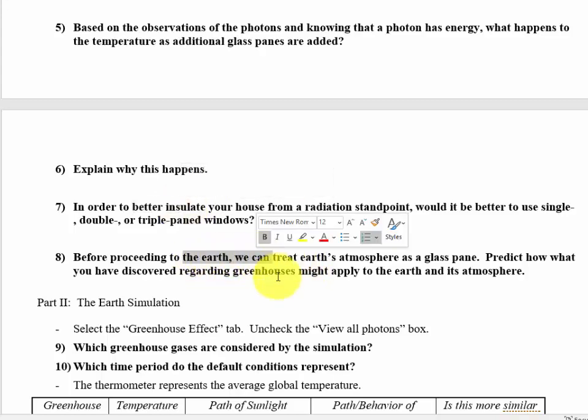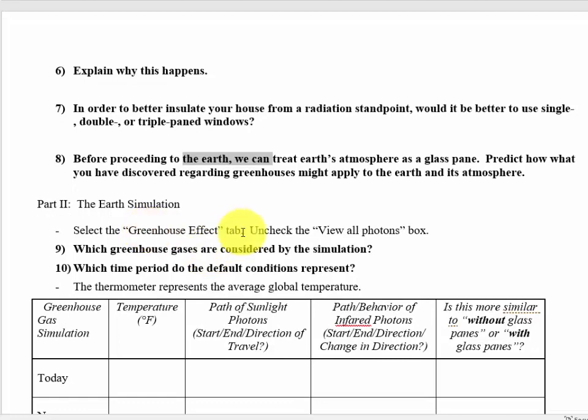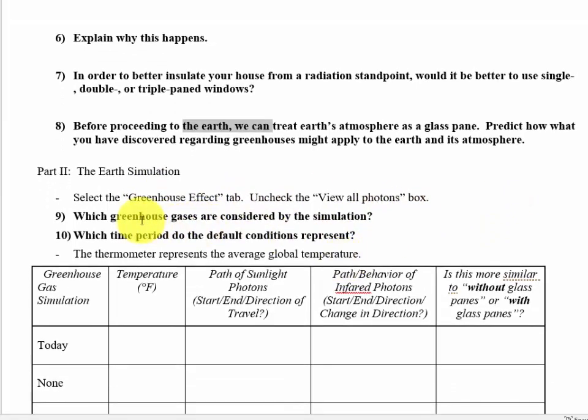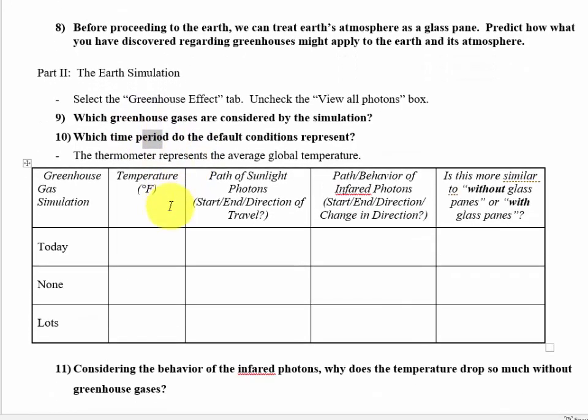And what we're now going to do is go over to the Earth's atmosphere tab. So we're going to select the greenhouse effect tab and answer what gases are considered, and pay attention to the time periods. I'm going to flip through the time periods, pay attention to the temperature, the path of the sunlight photons, the path of the infrared photons, and how this compares to the glass.